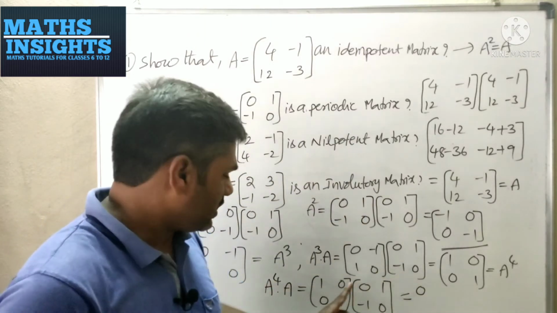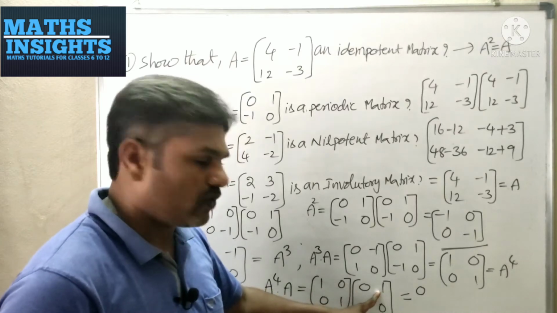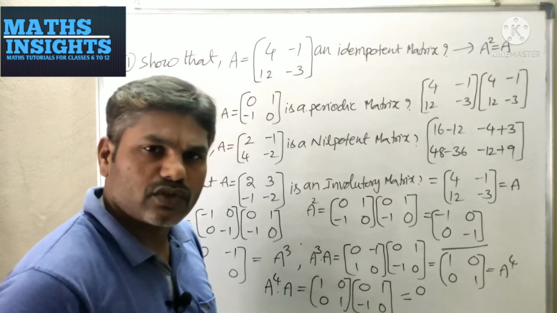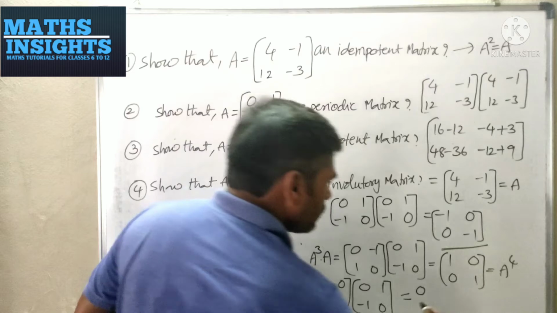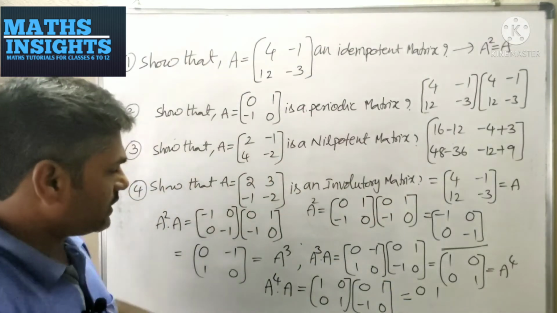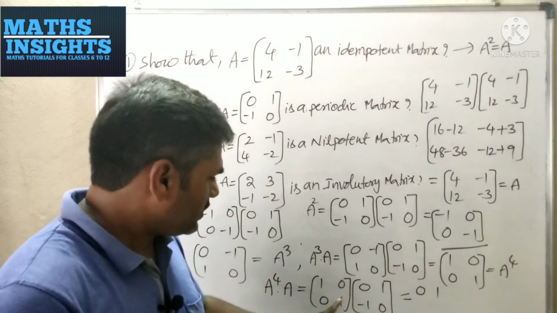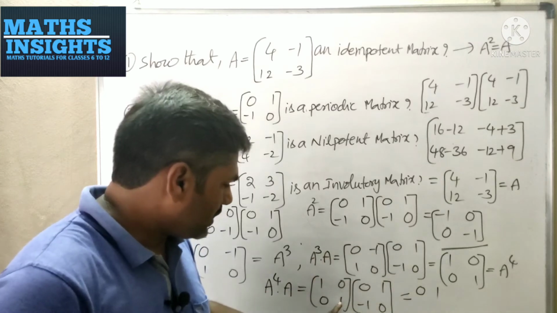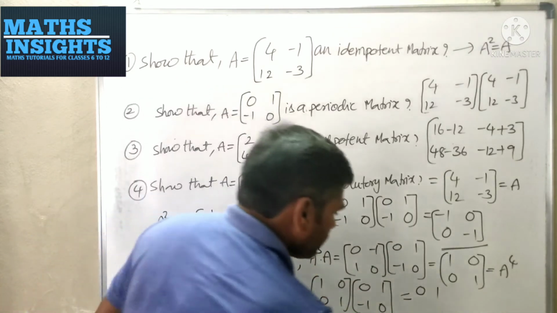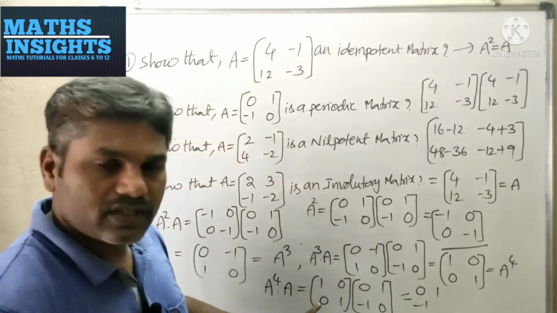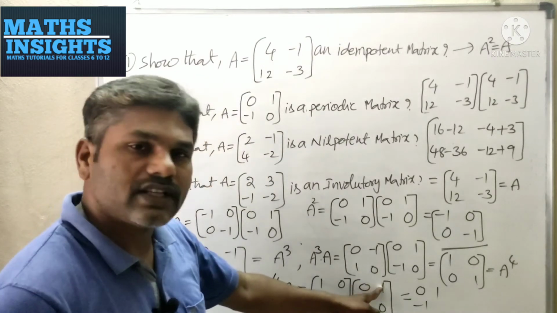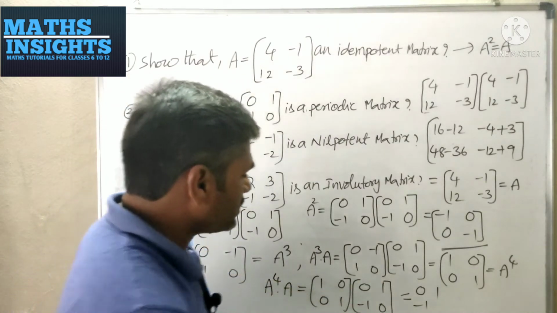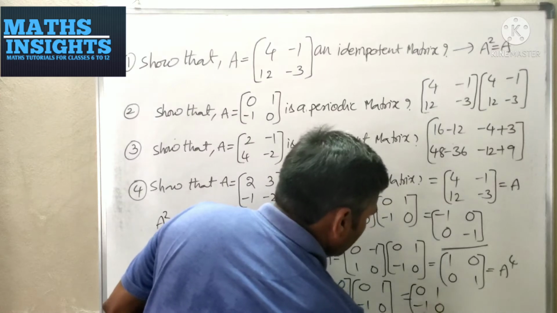First row, second column: 1 into 1 is 1, 0 into 0 is 0, 1 plus 0 is 1. Next, second row, first column: 0 into 0 is 0, plus 1 into minus 1, minus 1. Last, second row, second column: 0 into 1 is 0, 1 into 0 is 0, 0 plus 0, 0.